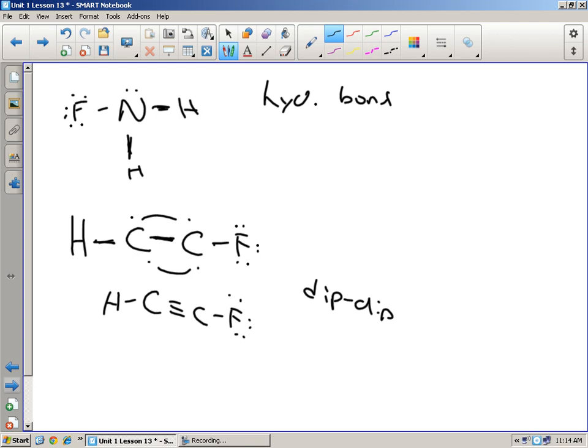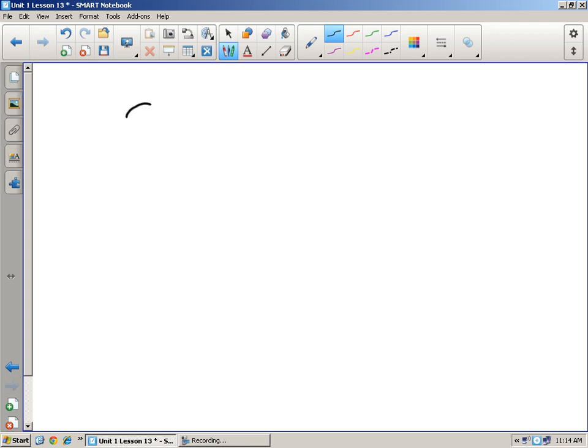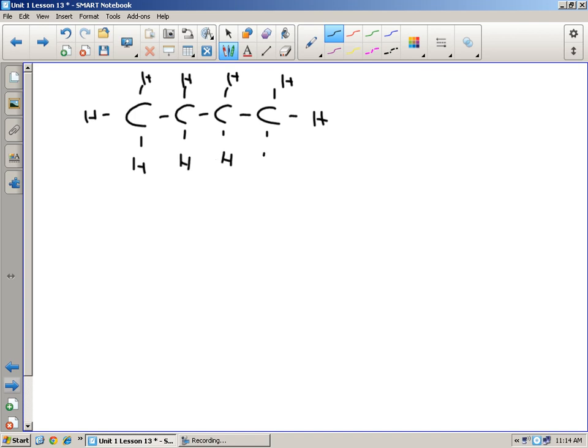Then we get to C4H10. C4H10, when you get something like this, guys, I'm going to tell you right now, it's probably going to look something like this. Okay? C4H10, butane. These types of molecules tend to be non-polar, right?